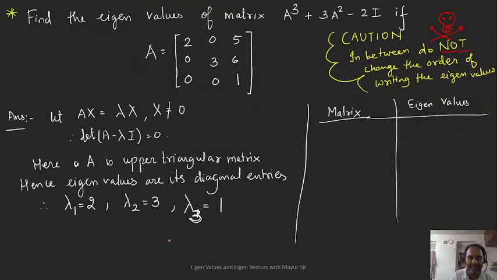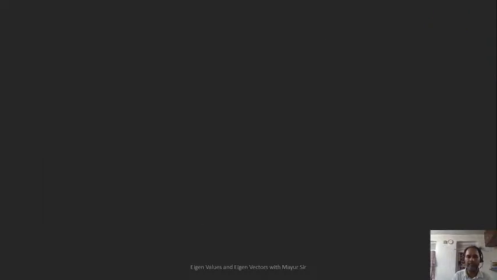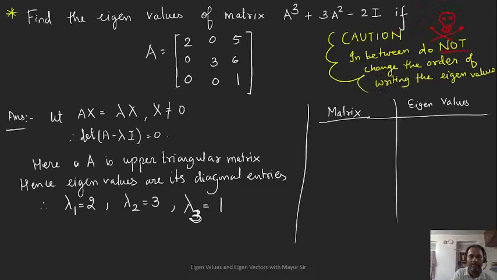So here the eigenvalues are, for matrix A, lambda 1 equal to 2, lambda 2 equal to 3, lambda 3 equal to 1.